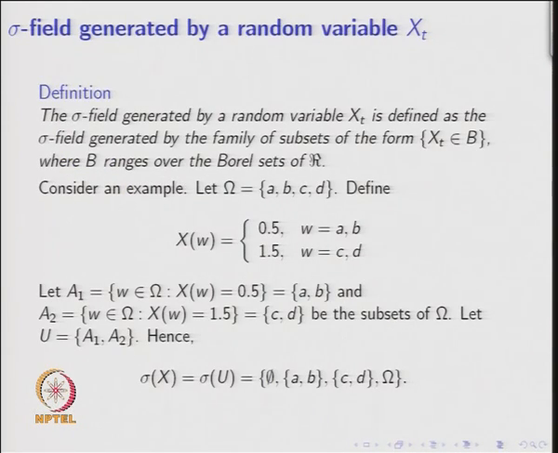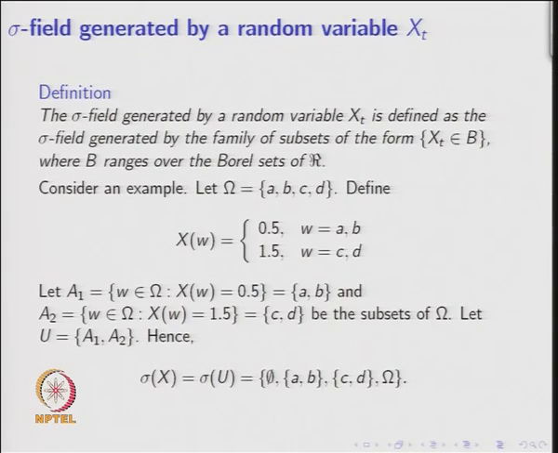Consider an example where omega is equal to {A, B, C, D}. Define the random variable x which takes the value 0.5 for w equal to A, B. It takes the value 1.5 when w takes the value C, D. Let A1 be the set which is the collection of possible outcomes in which x of w takes the value 0.5.